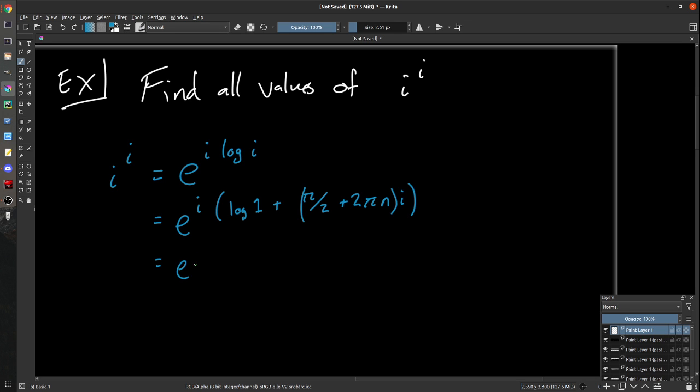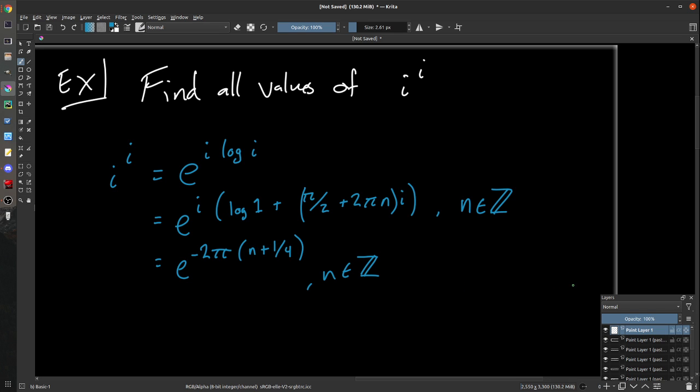Go in your book and look this up. You'll get down to e to the minus (2 pi n plus 1 over 4). There we go. Good enough. And all of these values of n are just integers. Remember, integers are 0, 1, -1, 2, -2, and so on, right? And so you can just always write n in Z. Z denotes the integers.